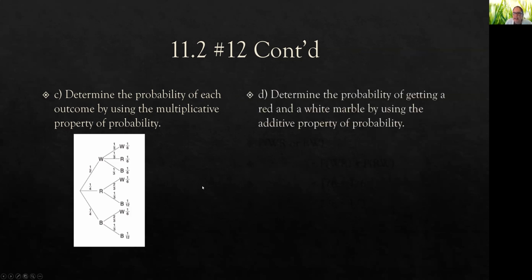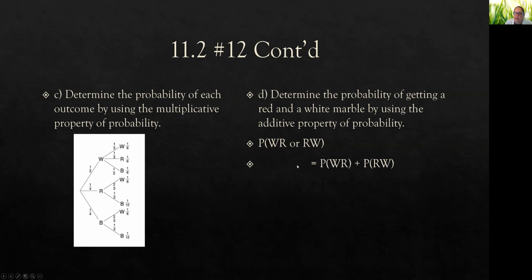For part D, it says determine the probability of getting a red and a white marble by using the additive property of probability. So we want to find the probability of getting a white and a red, but it didn't say that it needed to be in that order. So we could either get the white first and then the red, or the red first and then the white.